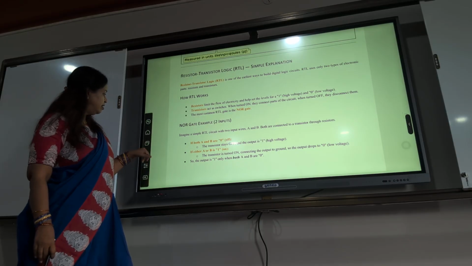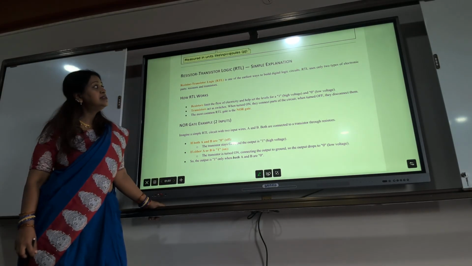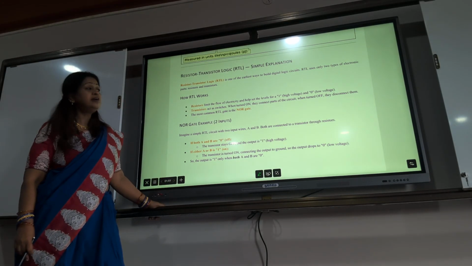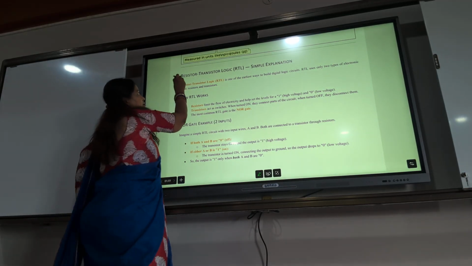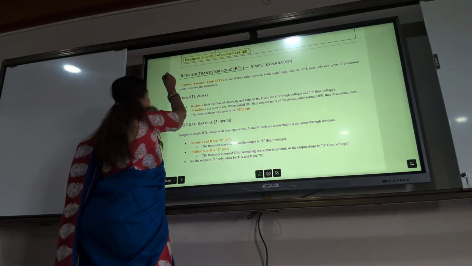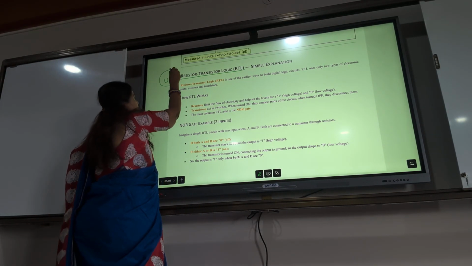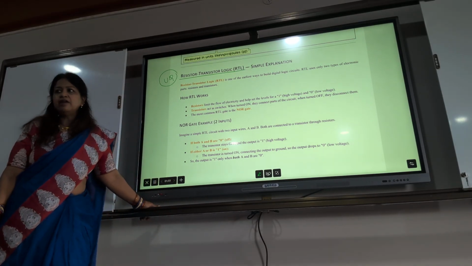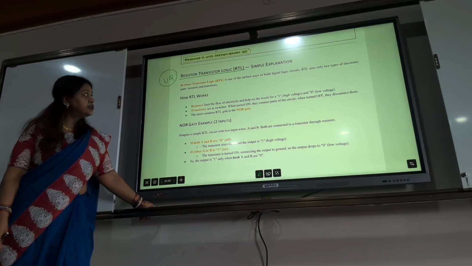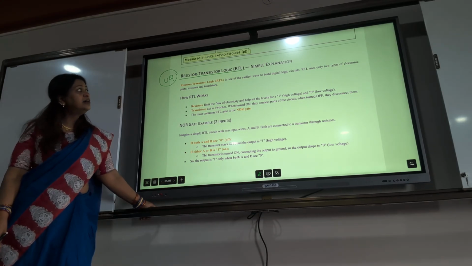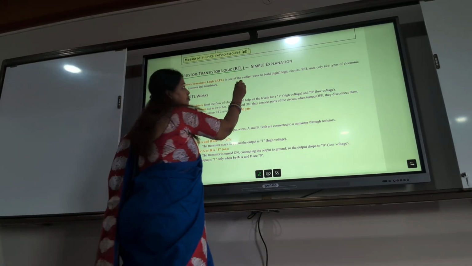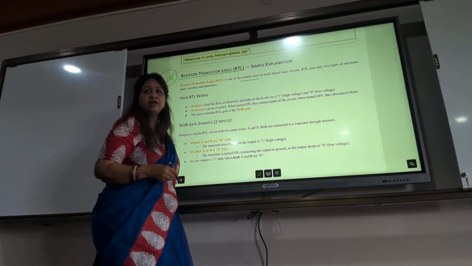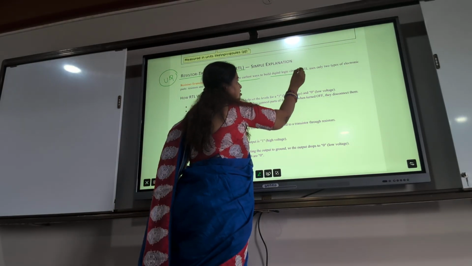Next, as we have seen some families in the classification, resistor-transistor logic, RTL. This is again a question for 8 marks or 10 marks. So what is resistor-transistor logic? This is the earliest family. These were used long back in digital logic circuits.